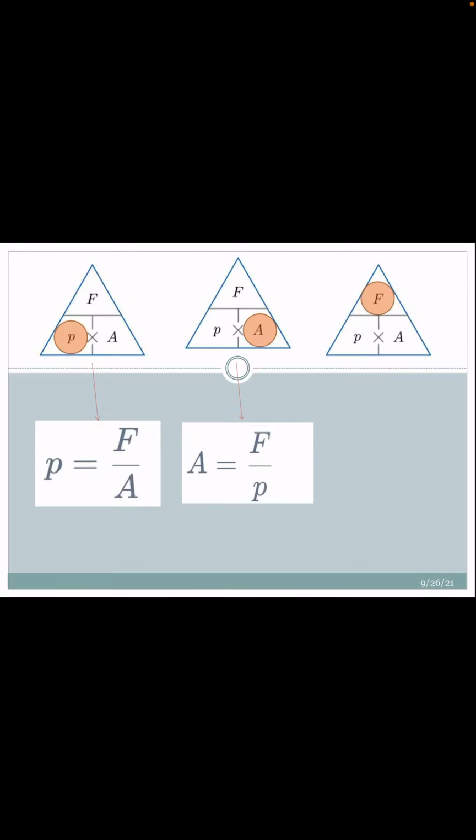Now, look at the triangle. Here I am going to find force. The other quantities are represented with the into mark. That means F is equal to P into A. Hope you have understood how to find pressure, force and area using this triangle easily.